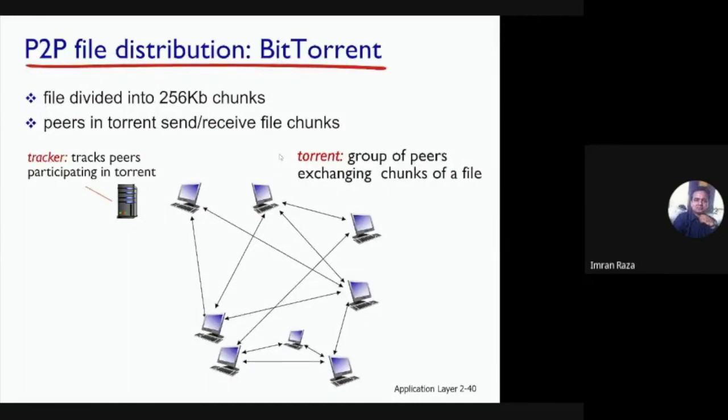Right. So let's quickly talk about peer-to-peer applications such as BitTorrent and see how it works. BitTorrent is a file distribution application. In a BitTorrent-like application, we have a torrent, which is the collection of all the peers participating in the file distribution.